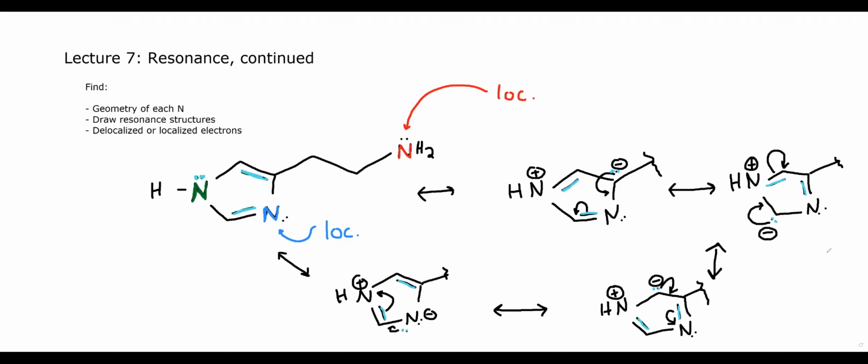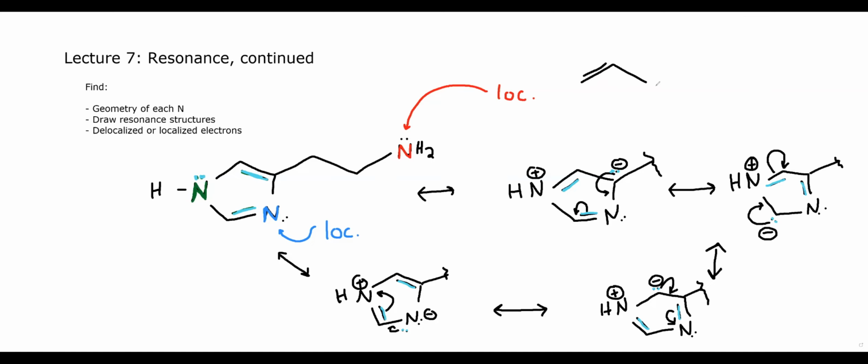I understand that resonance is very confusing at first and can be difficult to grasp, but hopefully after the workshop, if you're still a little shaky on it, if you're shaky on this question, that's okay. This was a challenging question, but hopefully you should be comfortable with more basic structures, right?